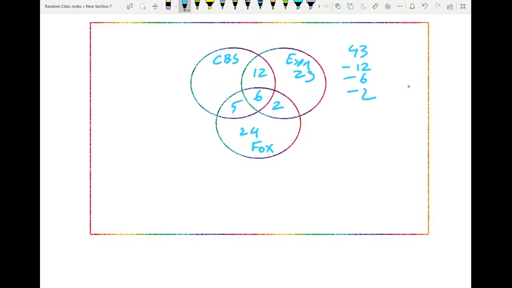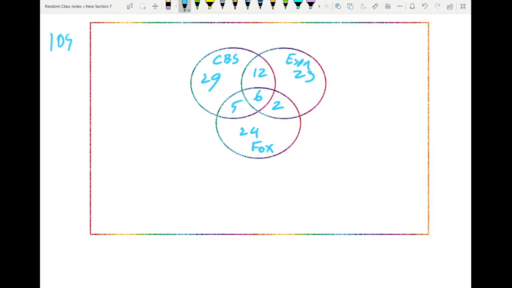And then CBS would be 52. So it's minus 12, minus 6, minus 5, which is 29. Good.